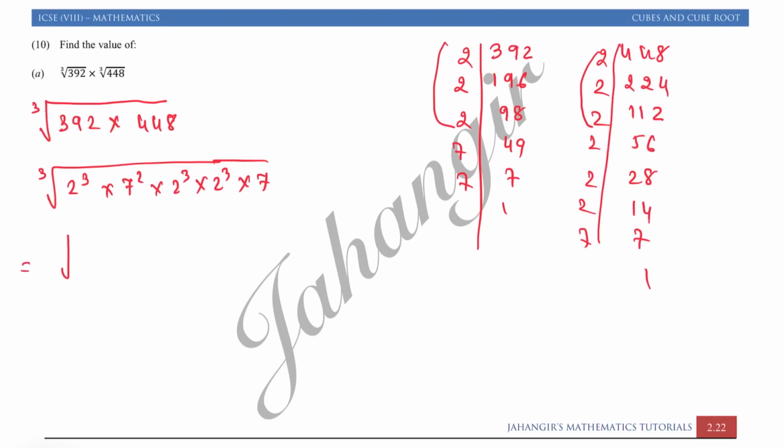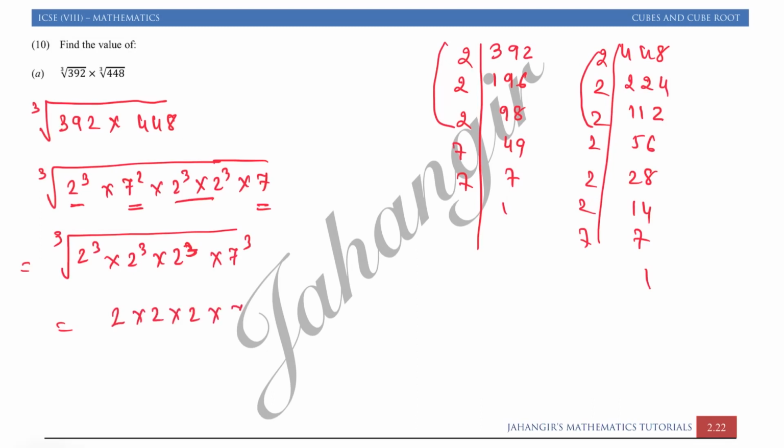So again we will write 2 cube into 2 cube into 2 cube, and 7 square into 7 is 7 cube. So removing the cube root, you will get 2 multiplied by 2 multiplied by 2 into 7. So 8 sevens are 56, that is the answer.